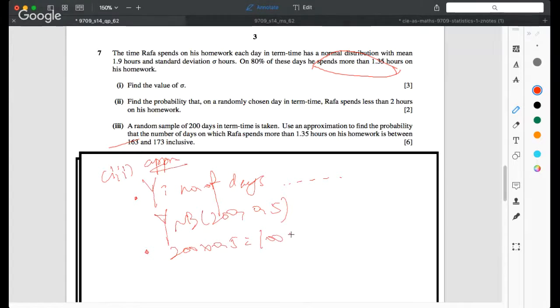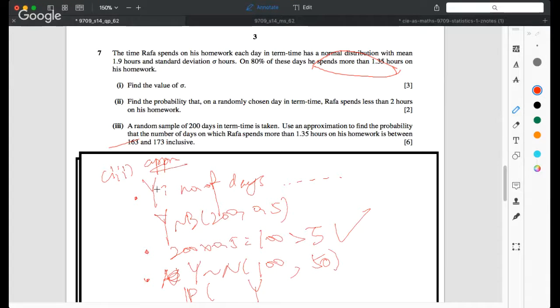Both NP and NQ equal 100. It's greater than 5, so it's okay. We can approximate that to a normal distribution. So Y follows the normal distribution of what? Of 100, which is the mean, and 50, which is the variance. We use n times p times q. And later, we just use the normal distribution to find Y.